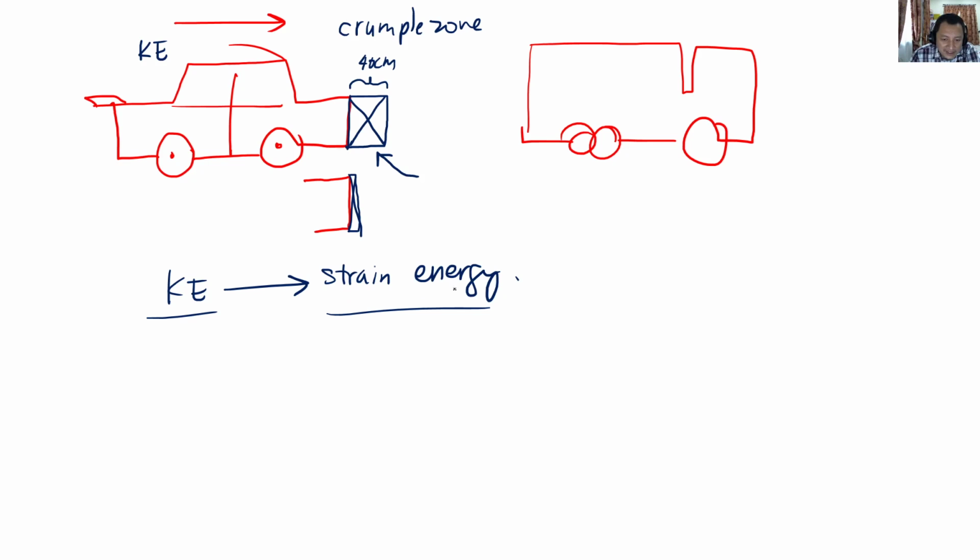If you don't remember strain energy, it can be as simple as spring energy, half k x squared: stiffness, displacement. The thing that engineers do is still related to Ft is equal to mv minus mv naught.